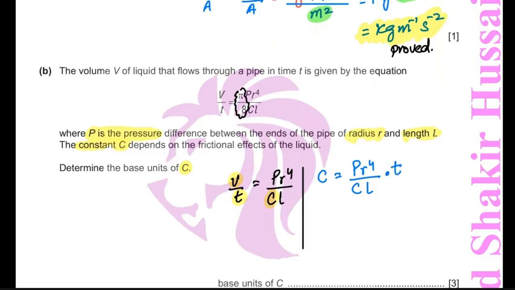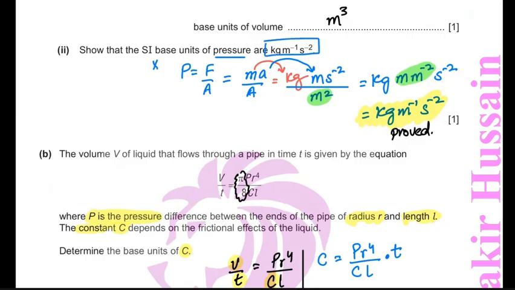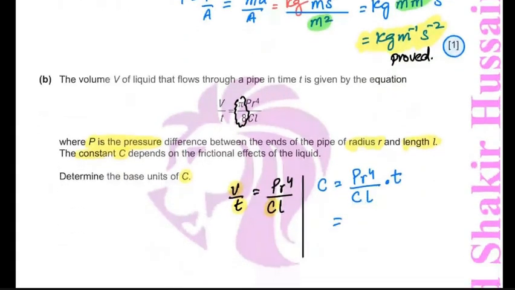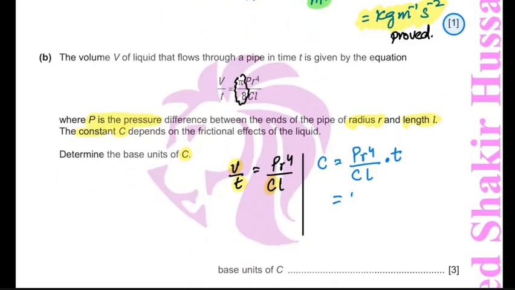That makes it P. What is the unit of P? If you were not able to prove it over here, no problem. You just use the unit they have already given to you. You'll just be losing a mark over here, but you will get the rest of the marks. So pressure SI base units are kg m minus 1 s minus 2.